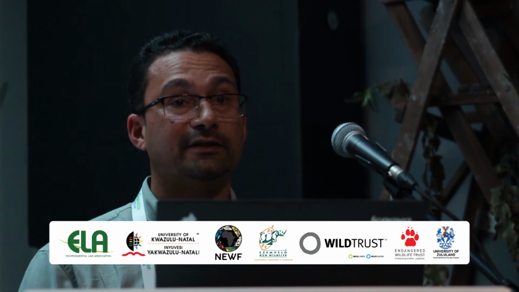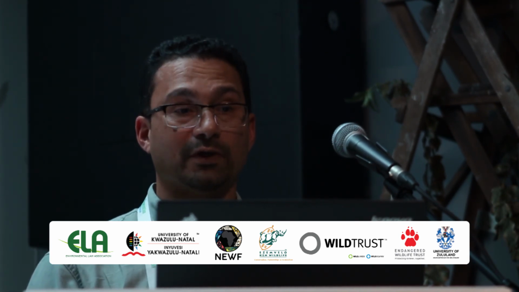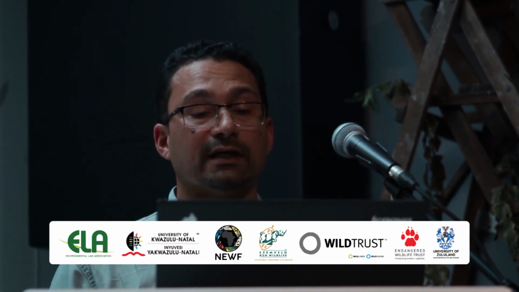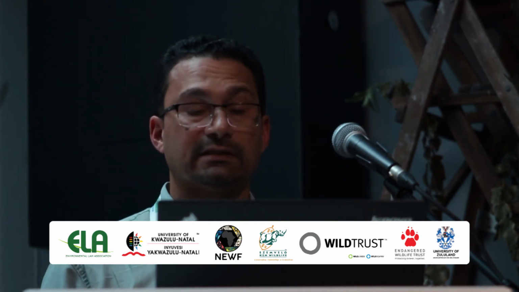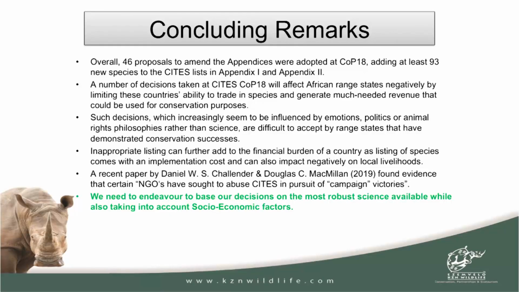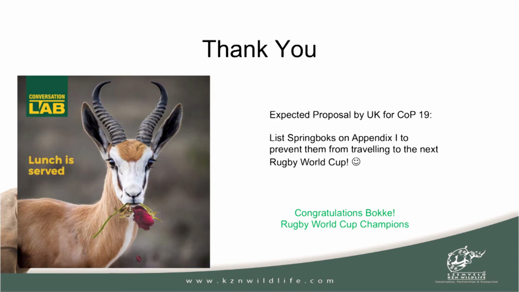As much as NGOs have done a really great job, and we work well with them, government agencies, there are some that have been using CITES as a tool to further their own causes, and that's clear. So we need to endeavour to base our decisions on the most robust science available, while also taking into account socio-economic factors. Thank you.